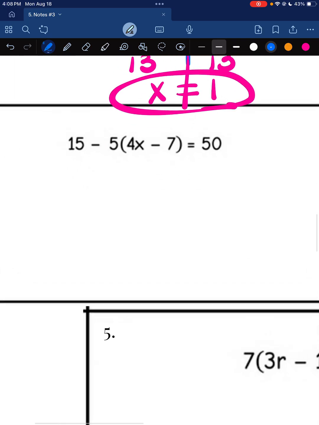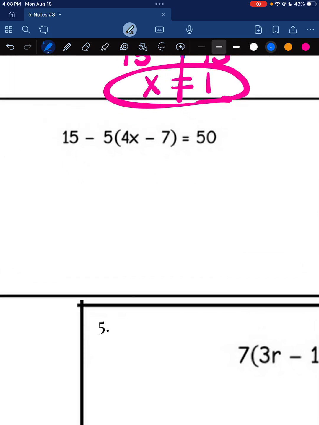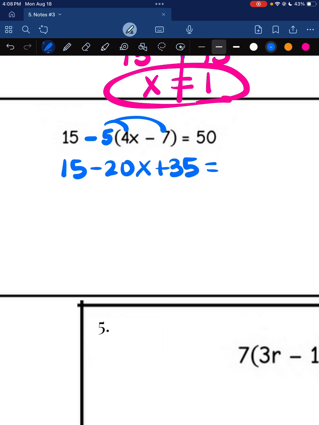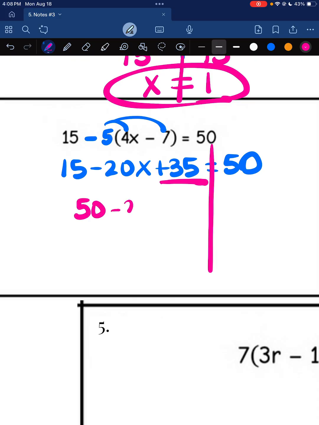Okay, number 3, first step is to distribute. So we can distribute it to -5. So we have 15, this becomes -20x, positive 35. That's step 1. Step 2 is combine like terms. So I can combine these two. This is a positive 15 plus a 35, which gives me 50.